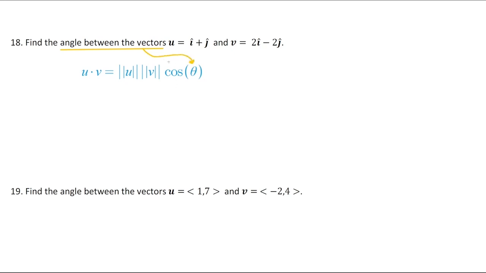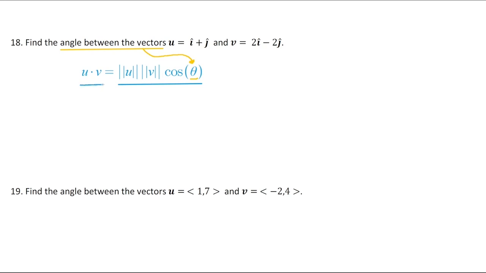So I'm going to give you this formula right here, but you're going to need to know how to rearrange this so that you can find theta. So let's go through that process right now. First thing you'd want to do is divide both sides by these factors, the magnitudes of u and v.